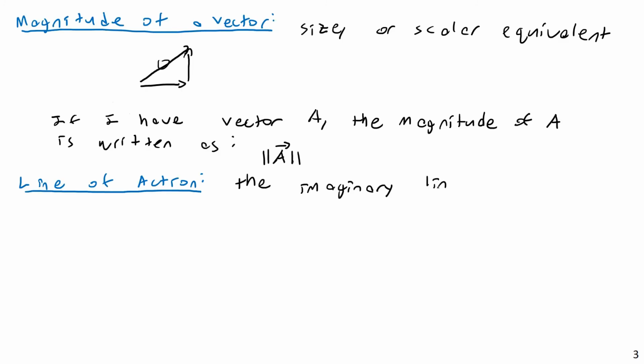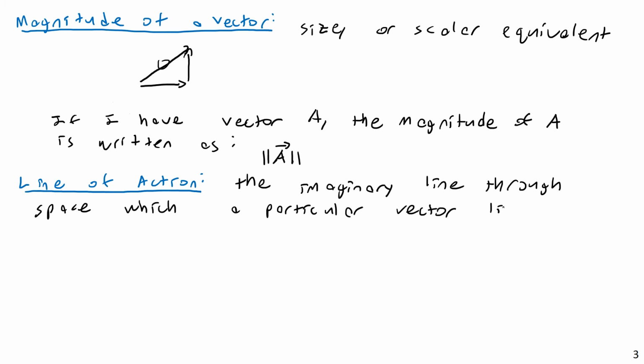Line through space which a particular vector passes through. Or maybe lies along. It goes backwards and forwards to infinity. The line of action is of infinite length, I should probably say. It's not a line segment.